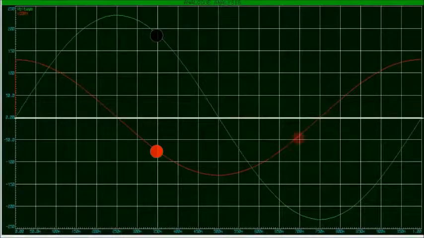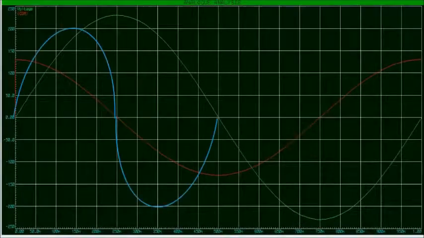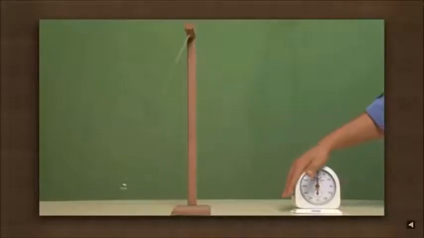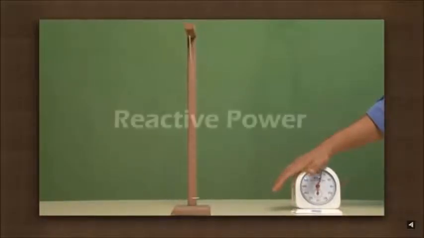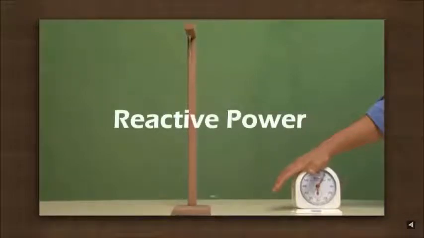Again, if you measure the power at this instant, it will give you a positive power as both voltage and current are negative. And this will continue so on. So basically, this kind of power is going forward and coming backward, like a pendulum, without doing any useful work in the system. And this kind of power is known as reactive power.